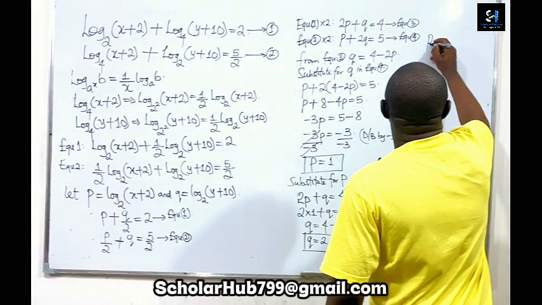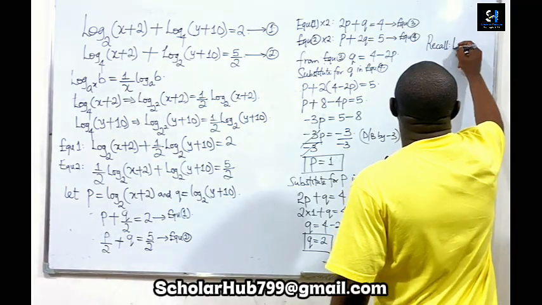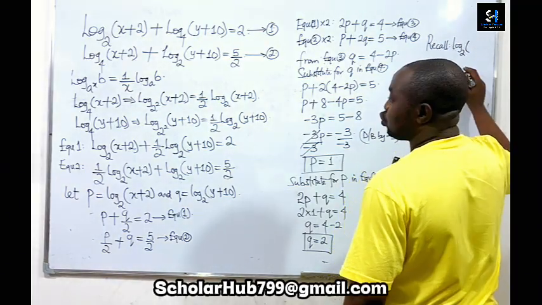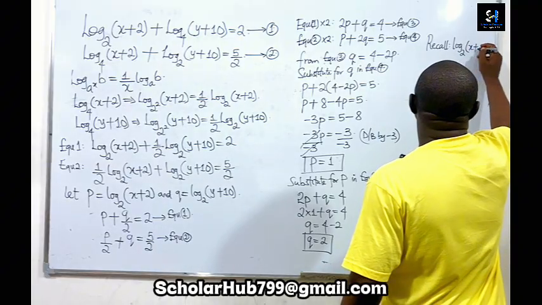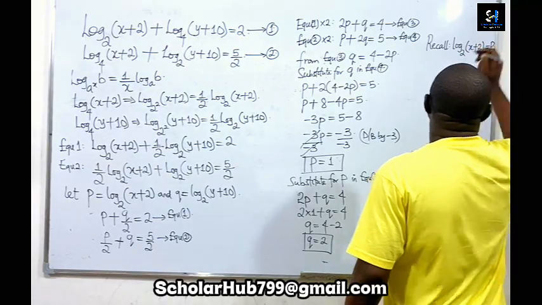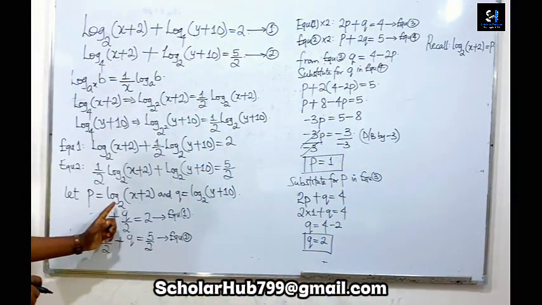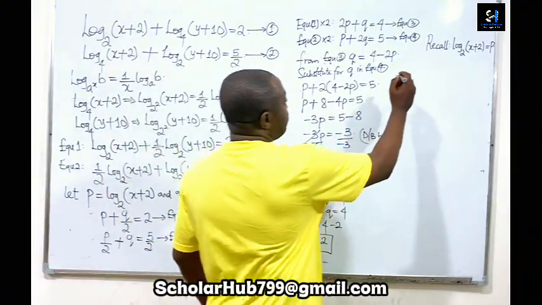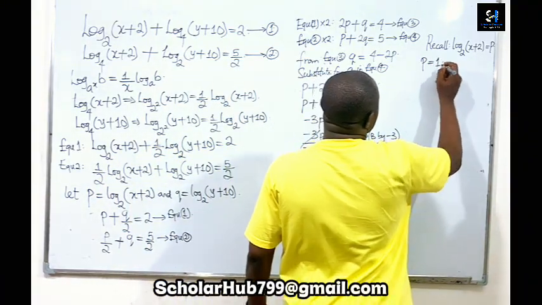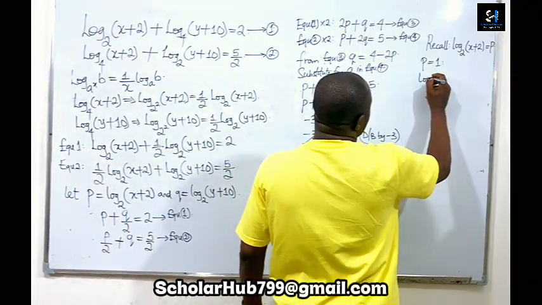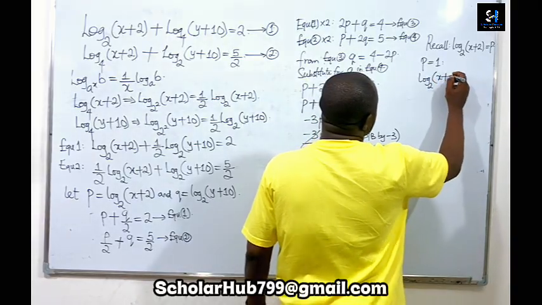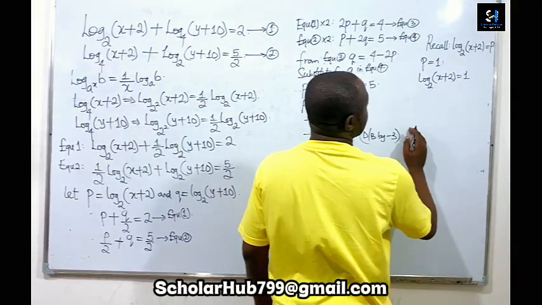All right. So now let's solve for the values of x and y. So let's recall that log base 2 of (x + 2) is equal to p. And now p is equal to 1. So it means that log base 2 of (x + 2) will be equal to 1.